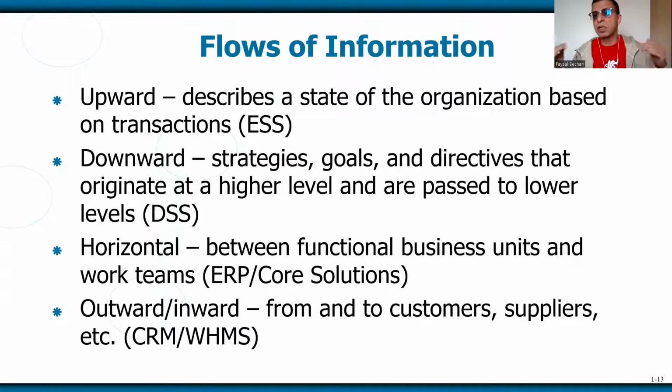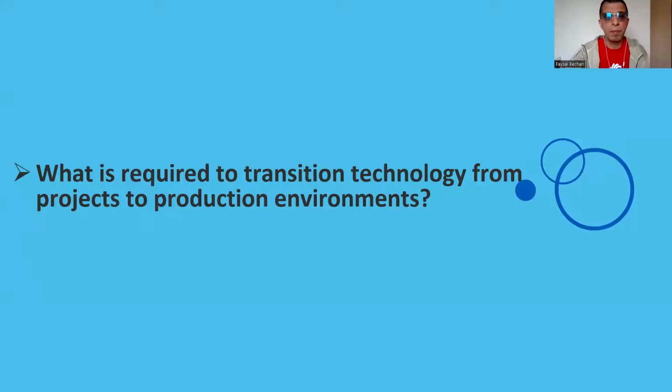And then you have something called horizontal, which is between functional business units, like an ERP and core solution. And then you have the outward, definitely with others, which could be your supplier or your customer, and they could all be a CRM or warehouse management system.